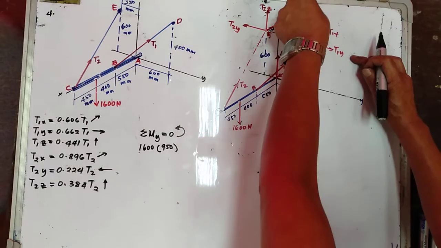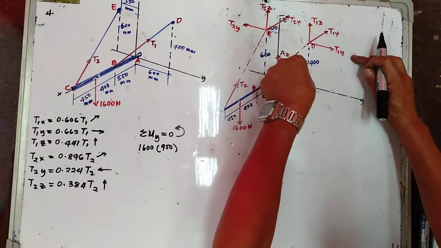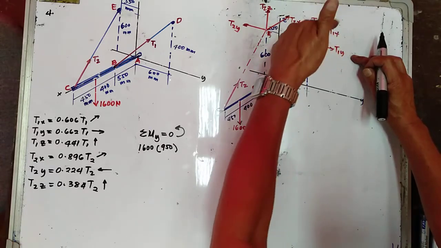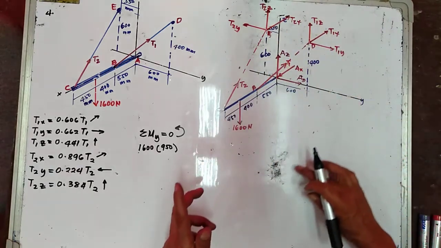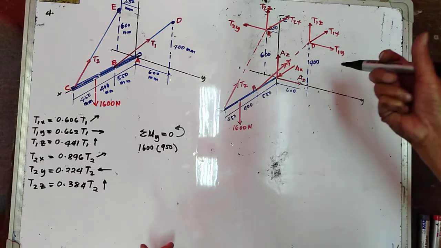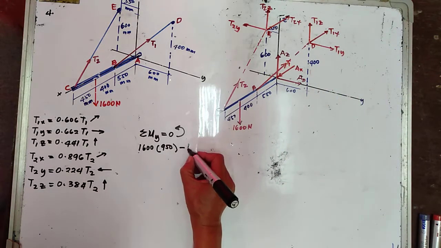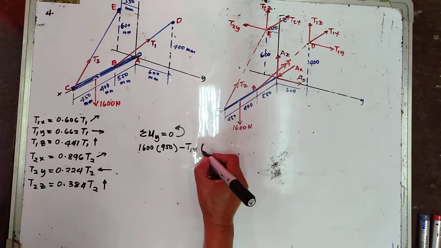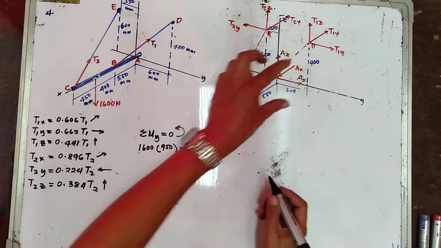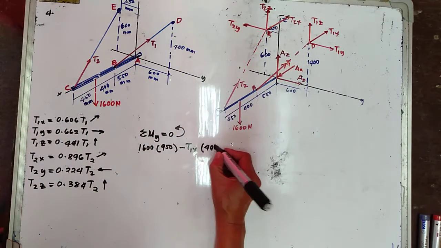Your T1Z intersects the y-axis, and therefore it has no moment. So it is only your T1X. Your T1X is now going clockwise about the y-axis, so minus T1X. Now the moment arm is 400 millimeter.